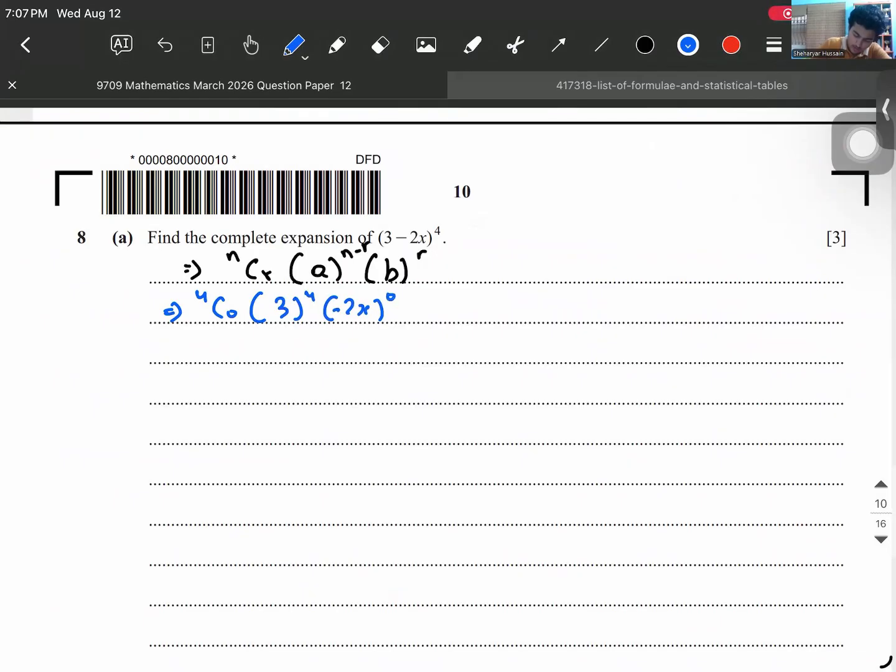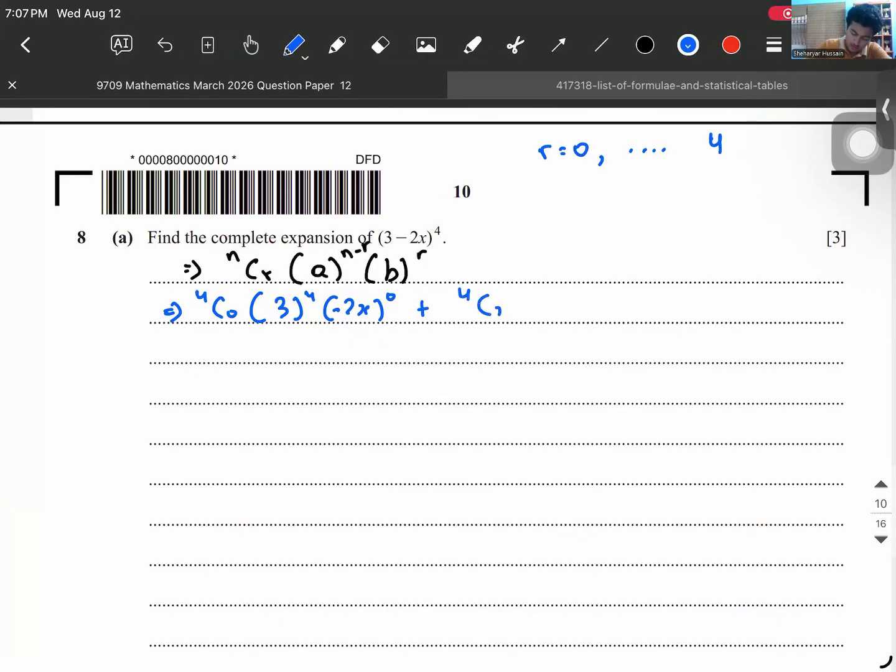Right. And since they said they want the complete expansion, r starts from 0 and goes all the way to 4.